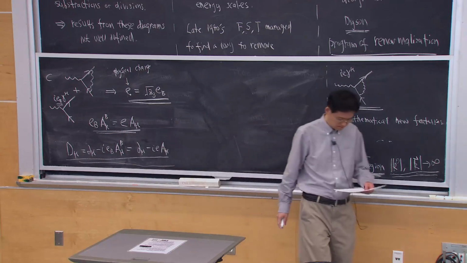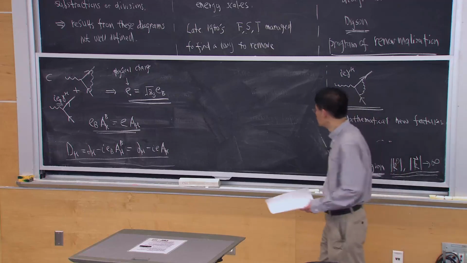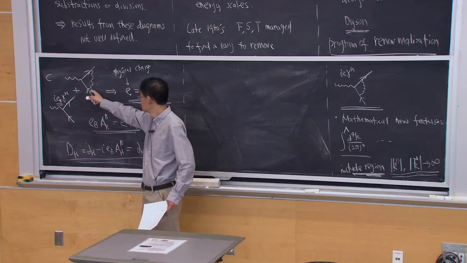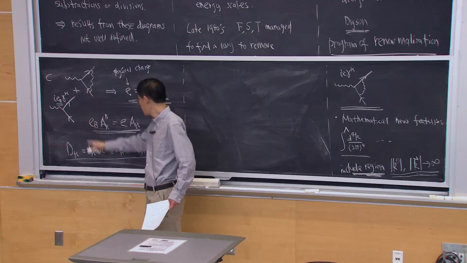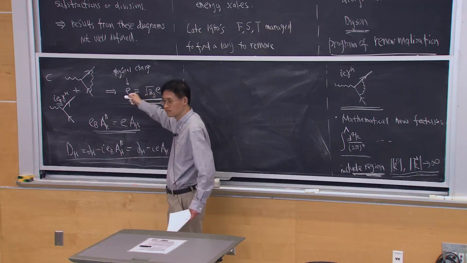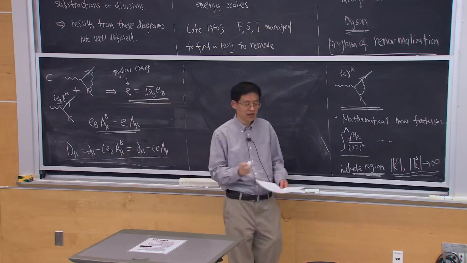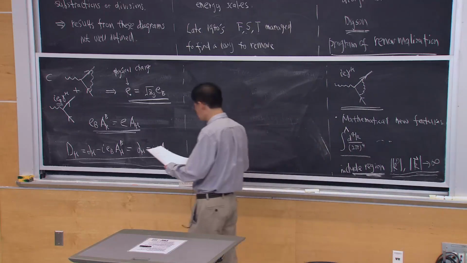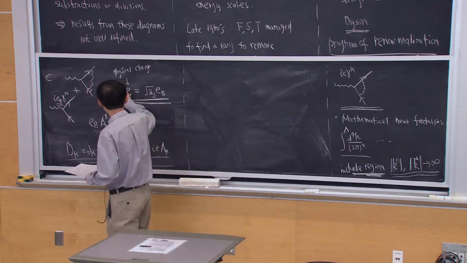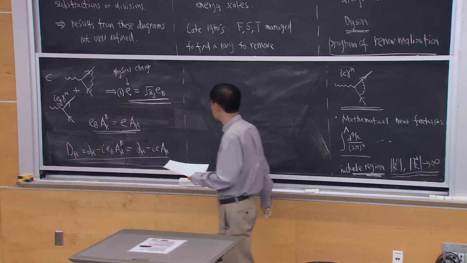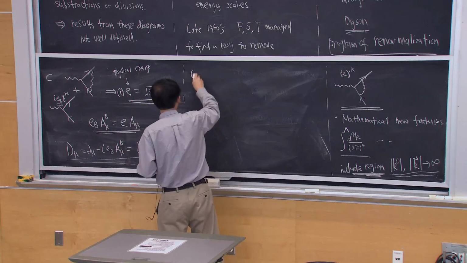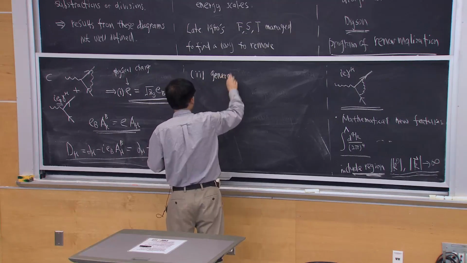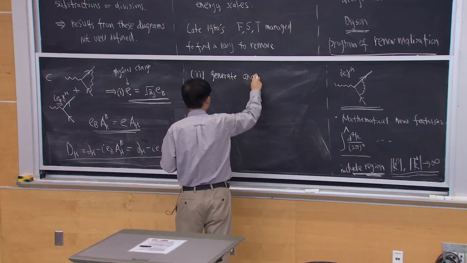So this diagram has two effects. The first effect is to renormalize, to change your charge, and the second effect is to generate a new anomalous magnetic moment.